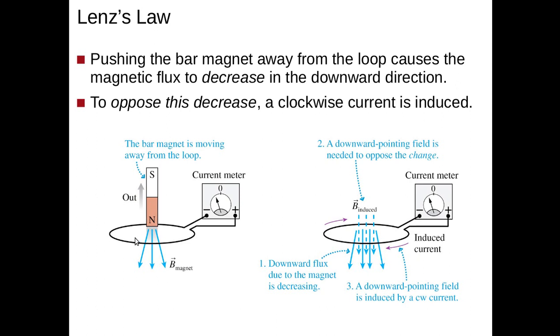The magnetic field strength inside the coil went from strong to weak. So the magnetic field inside the coil is actually decreasing, right? So my magnetic field's getting weaker in this direction. To oppose the decrease in the magnetic field, my induced magnetic field is in the negative y direction.